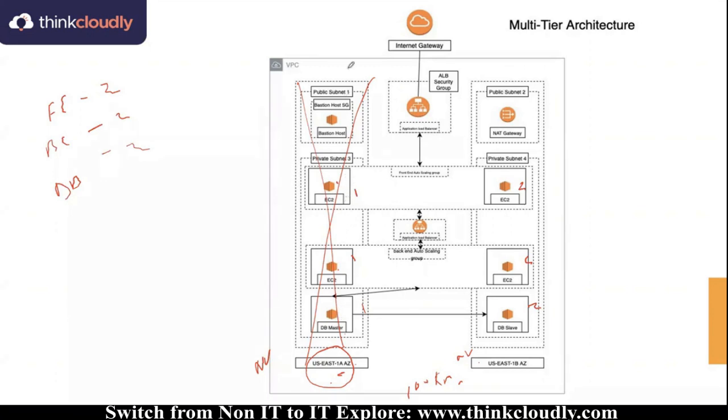If I am dependent on one data center only, my business will be affected. That is why we always keep a backup plan. We always keep our servers in at least two locations, because if one location is affected, then we have the other location up and running and taking care of all the traffic coming in. So that's why this is data center 1 and this is data center 2.